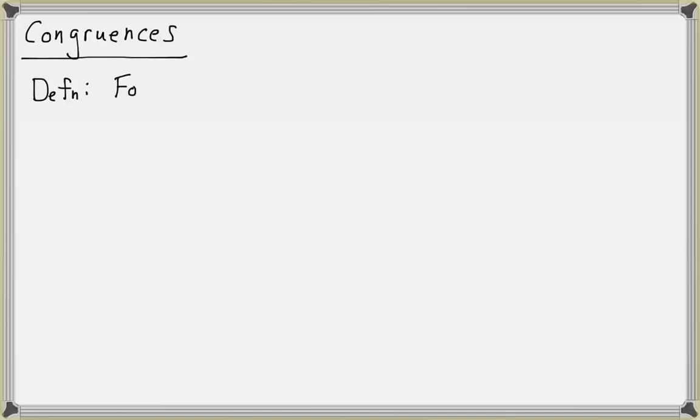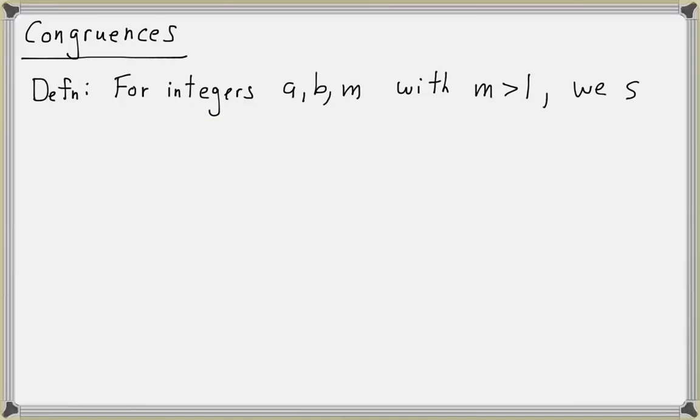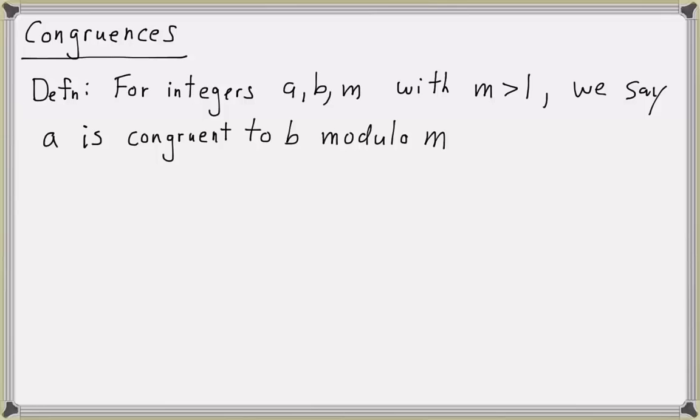For integers a, b, and m, with m greater than 1, we say a is congruent to b modulo m, and often we'll just say mod m.